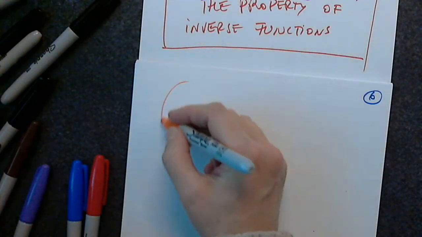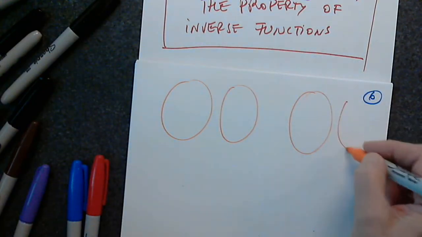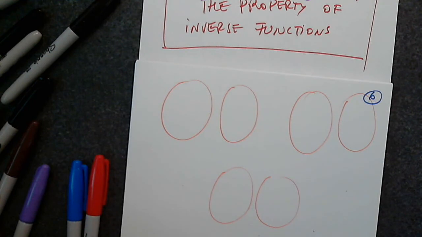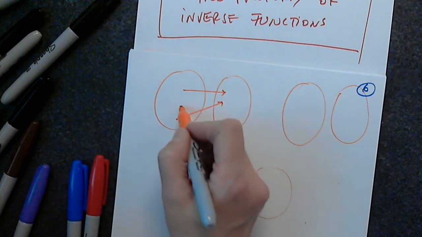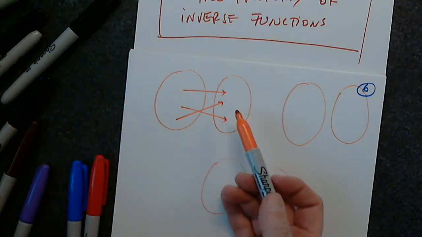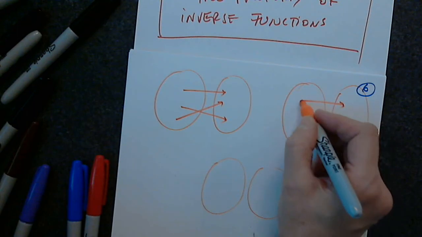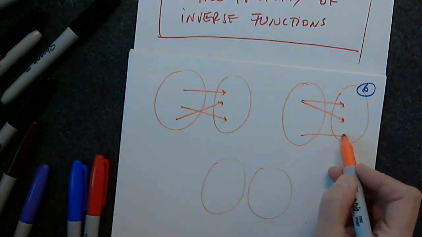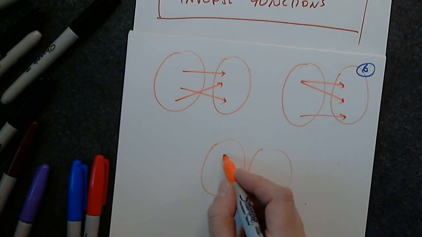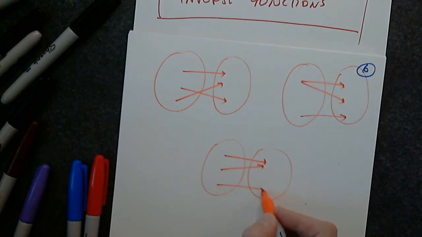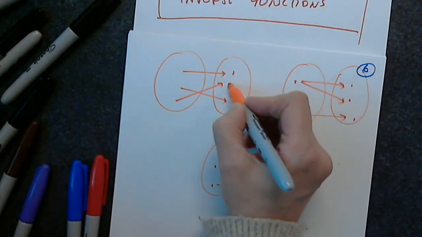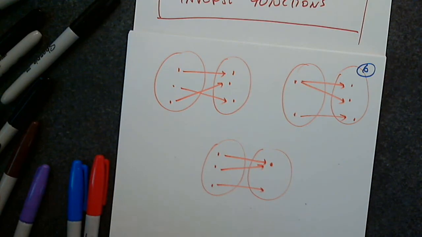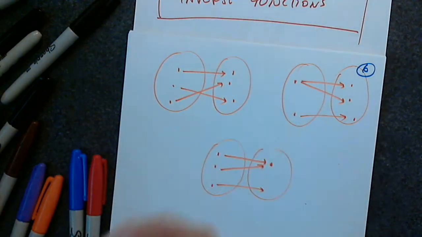When we discussed functions a long time ago, we looked at 3 sets of bubbles. We looked at this set, domain and range, of course. We looked at this set, domain and range, of course. And we looked at this set, any numbers you want here. So let's go back to the first set of bubbles. Is this a function?